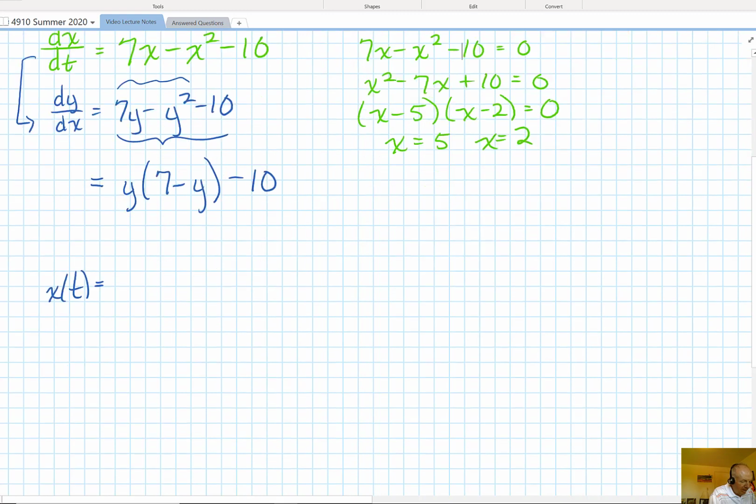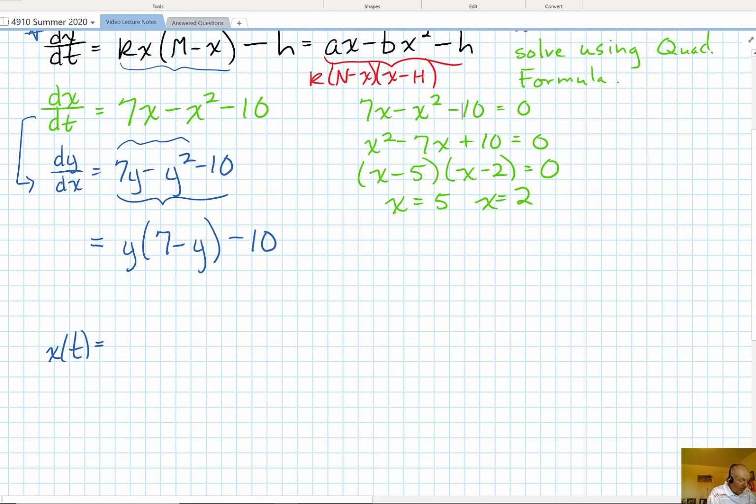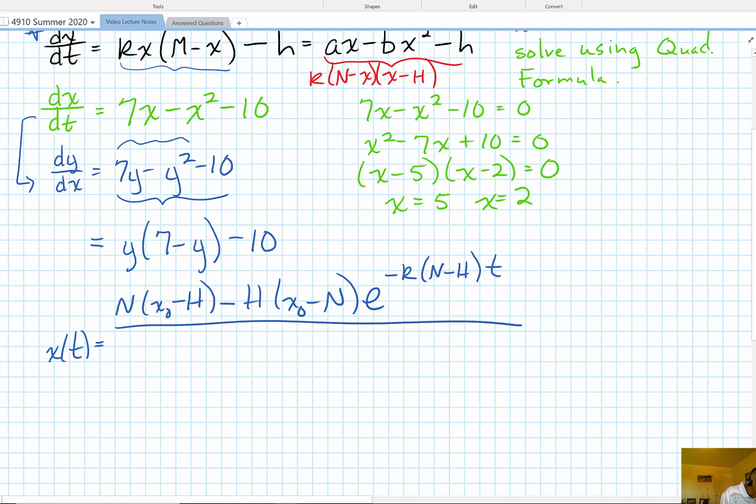then the solution, and I just mention this because sometimes you just need the solution and you don't want to go through the whole process of finding it. The solution is this: n times your initial x minus h, minus h times your initial x minus n, times e raised to the negative k n minus h t, all over, kind of ugly, the initial x minus h minus the initial x minus n, e to the minus k n minus h t, right?